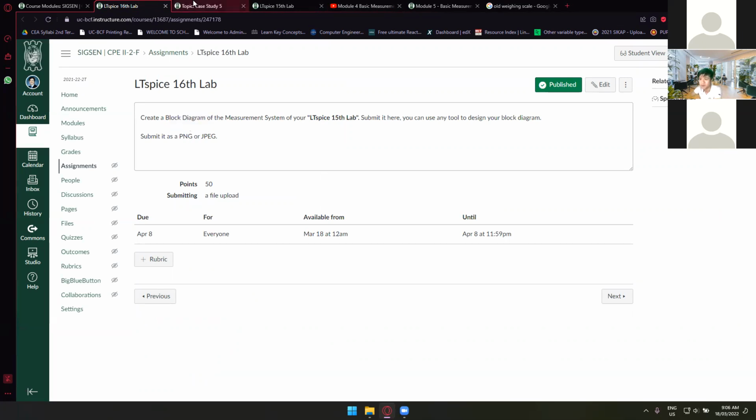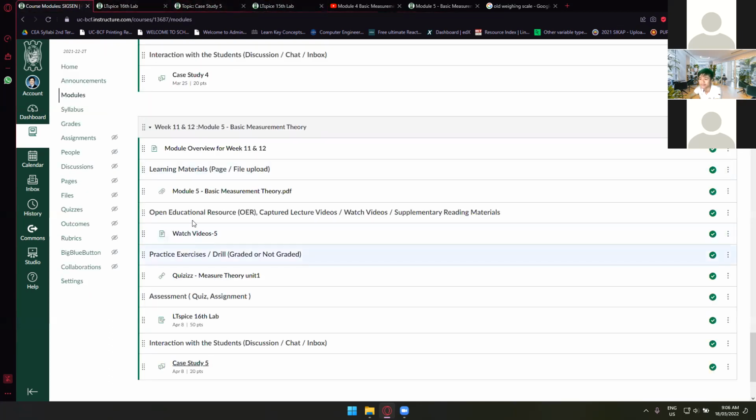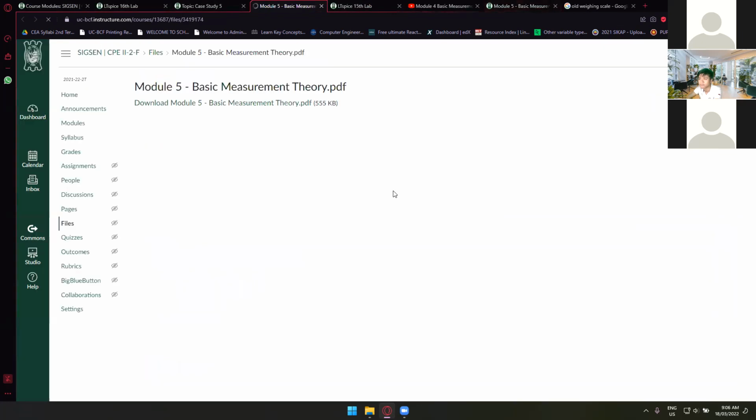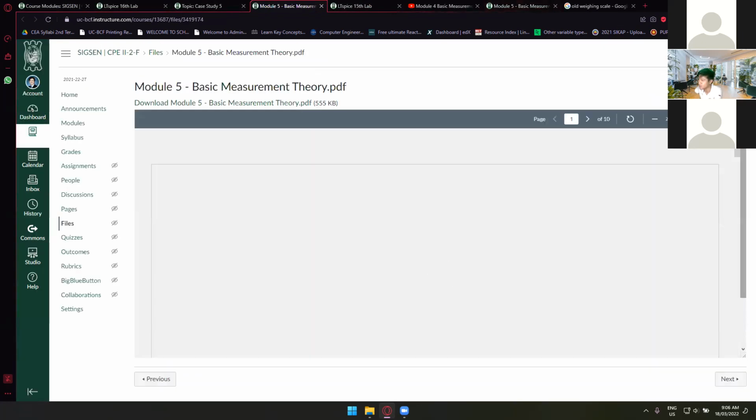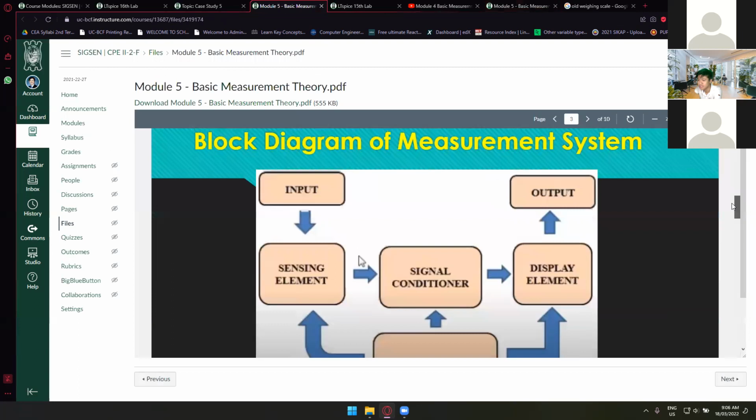So in your case, since it's a sensor, all you need to do is come up with a complete block diagram wherein we have this sensor of yours. For example, if it's a temperature sensor, it will be converted into, of course, a number.